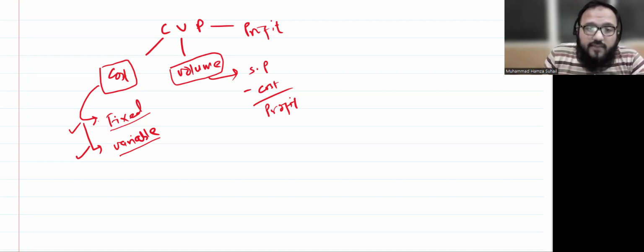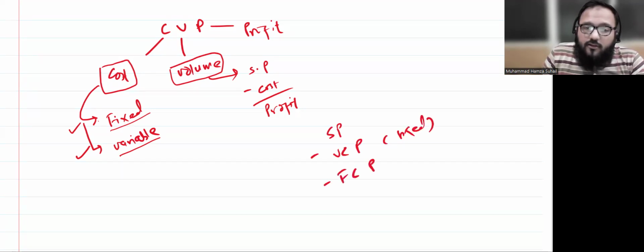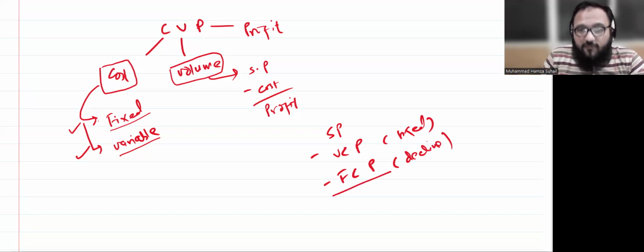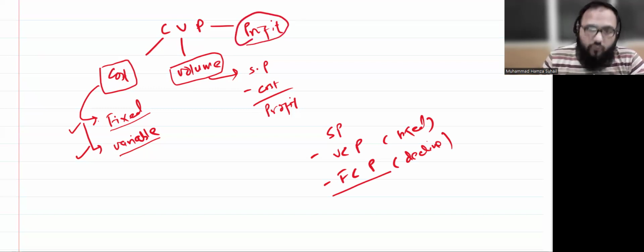But if we are analyzing the situation on a per unit basis, the selling price minus the variable cost per unit will remain fixed in that case, and the fixed cost per unit will decline in this case. So the cost structure will change, and this will definitely impact the profitability once the products are sold.